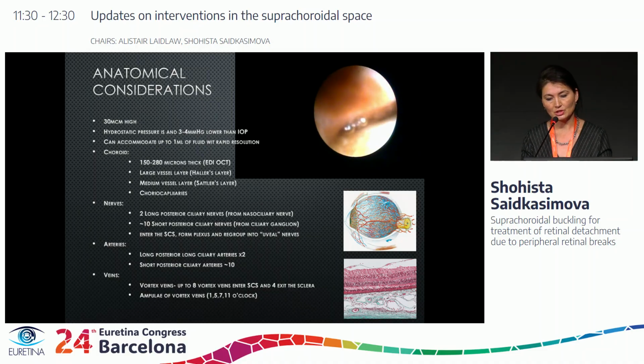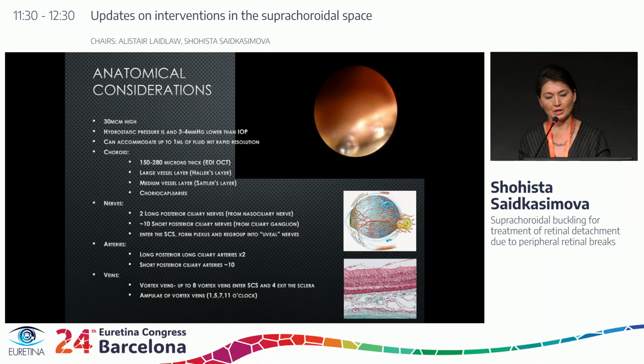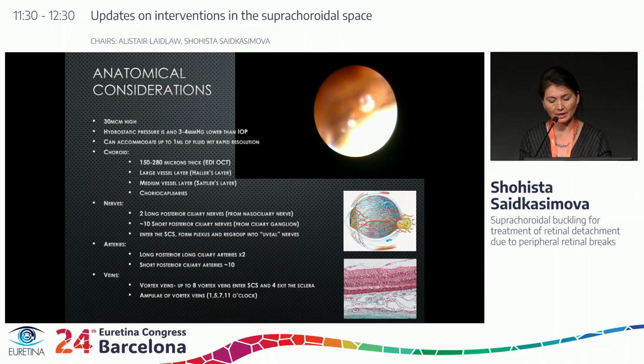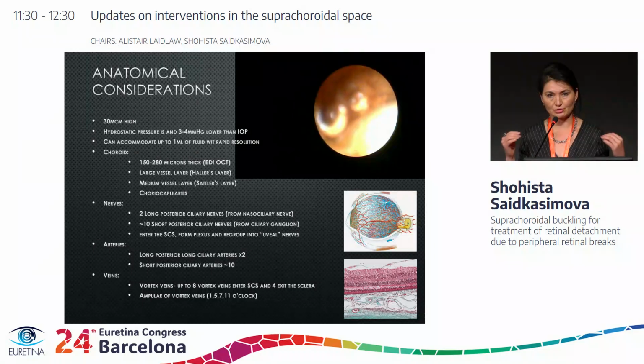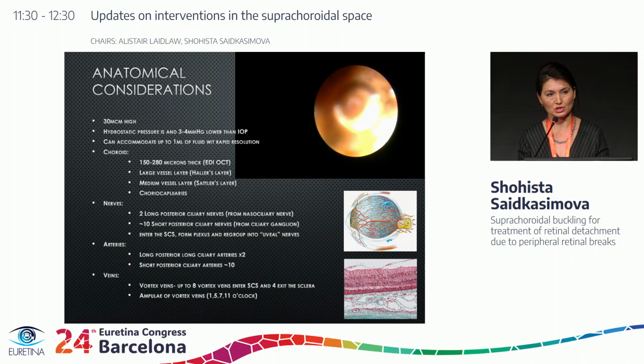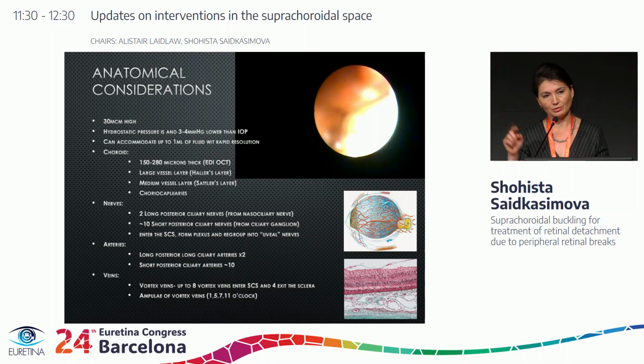In the physiologic conditions, it's a tight tissue of hyaluronic acid and matrix filled with occasional cells such as hyalocytes, myofibroblasts, pigmented cells, and macrophages. And within that space, we've got major arcades of the nerves and arteries that travel at 3 and 9 o'clock, and also large vortex veins which exit at the 11, 1, 5, and 7 o'clock.